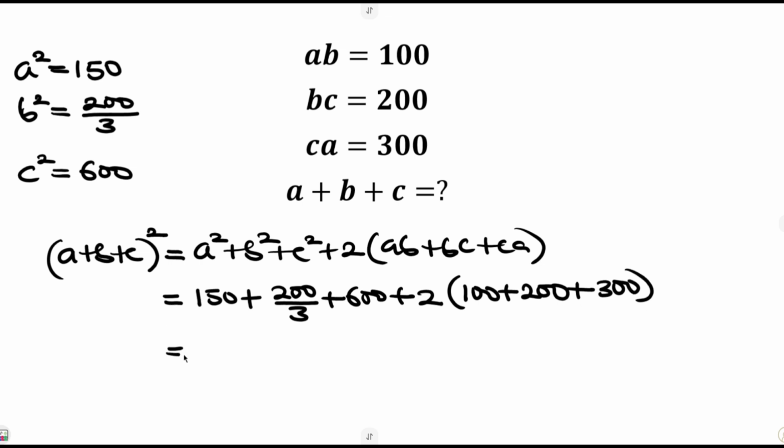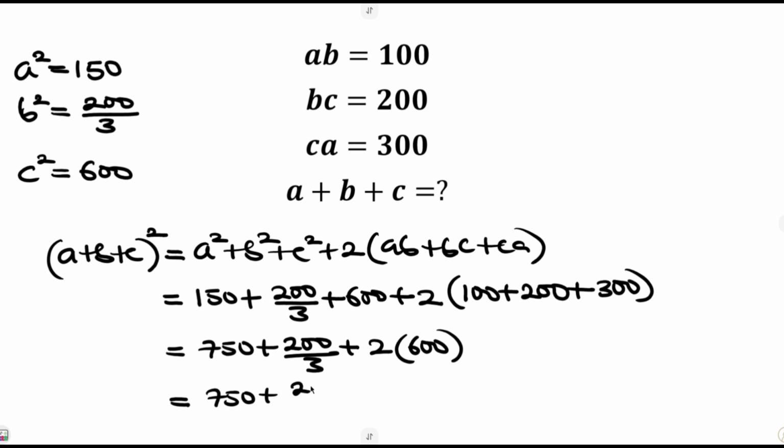And this gives us 150 plus 600 is 750, plus 200 over 3, plus 2 times, now 100 plus 200 plus 300 is 600. So this simplifies into 750 plus 200 over 3 plus 2 times 600, which is 1200.